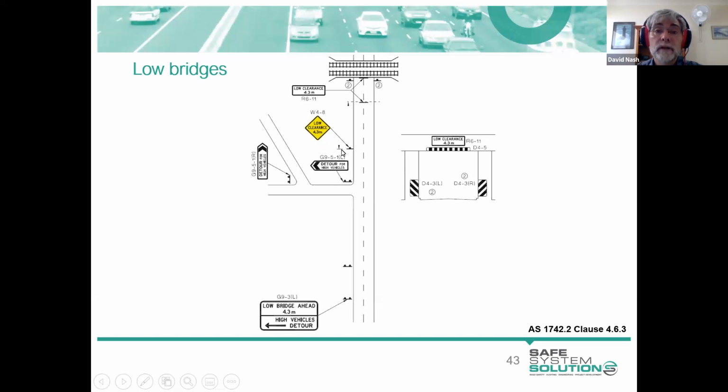If you do have a low clearance, I think it's a very good idea to have a warning sign as well, because it's important. And sign a detour for high vehicles if that's appropriate. The markers that go around it are as shown here, and we'll get to those again later in the session.